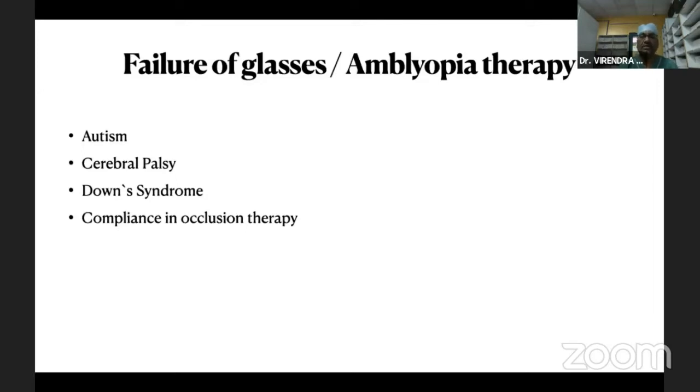Both parents are very busy, and socially we are moving very often now, so it is difficult to have compliance, and because of this compliance becomes very poor at other times also. And I still personally feel, and I think Dr. Shukla sir will also agree, that occlusion therapy is the most important thing in correcting amblyopia.